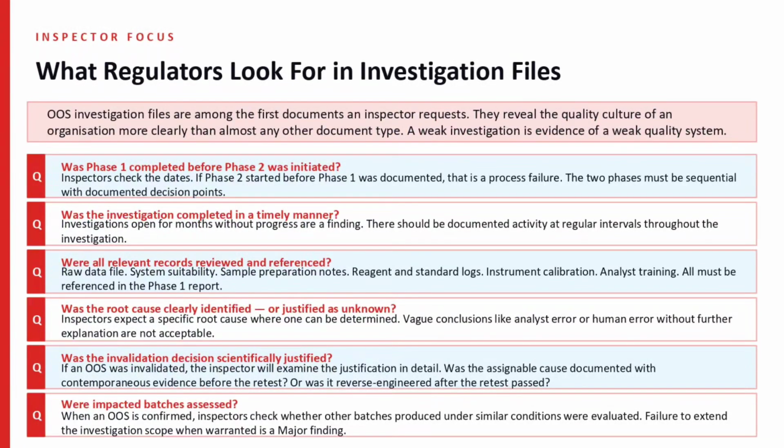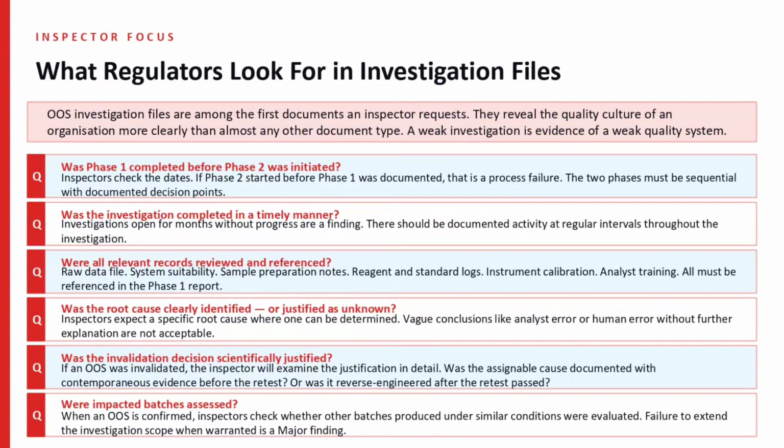Third, were all relevant records reviewed and specifically referenced? Raw data file, system suitability records, sample preparation notes, reagent and standard logs, instrument calibration records, analyst training records. All of these must be referenced with specific document identifiers in the Phase 1 report.